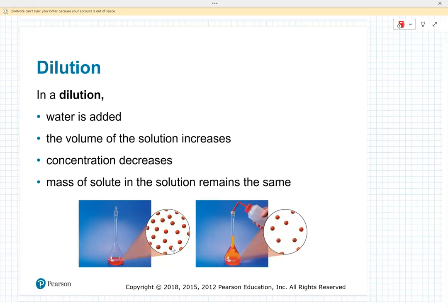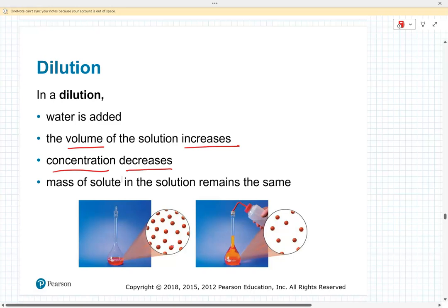First of all, you're going to use dilutions in the nursing and DH classes because drugs have to be diluted sometimes. When you add more water, the volume increases, the concentration decreases.